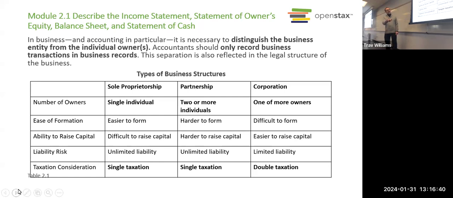With a corporation, you can have as many investors, and the investors are really owners, as you want. Especially if it's a publicly traded corporation, you could have thousands of investors. One downside with corporations is the corporation has to pay tax on its profits, and then the investors pay taxes on any dividends that they get from the company. So that's double taxation.